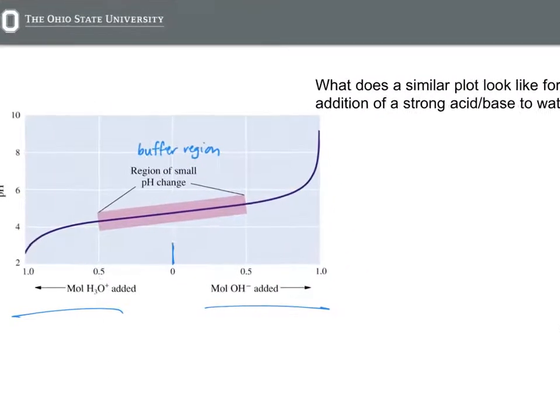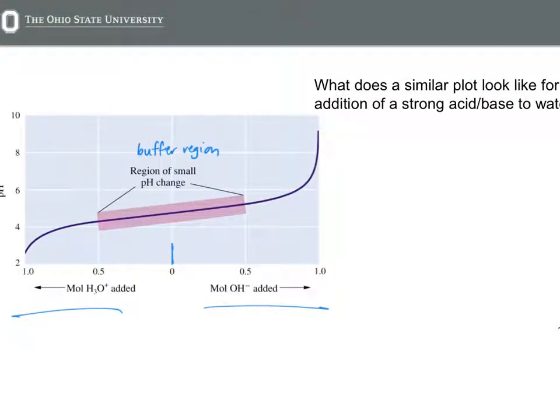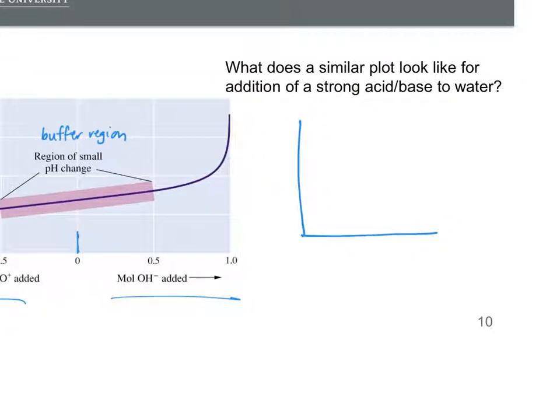So if we were to draw a plot of pH change versus moles of acid or base added for water, we'll say this is 0 moles of acid added. We'll add moles of hydroxide, moles of acid, hydronium ion.